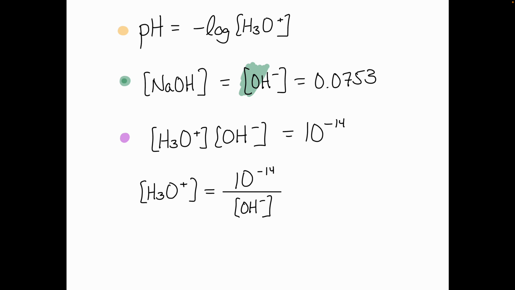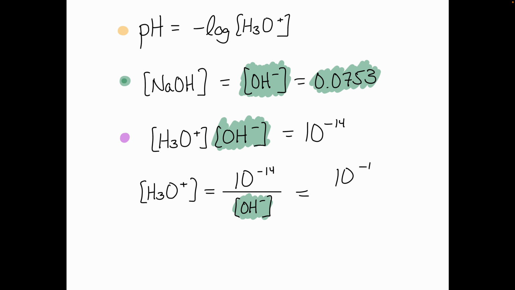All right, so if I have my concentration of hydroxide, I can use that in my auto-ionization relationship. I'm going to rearrange to solve for hydronium.